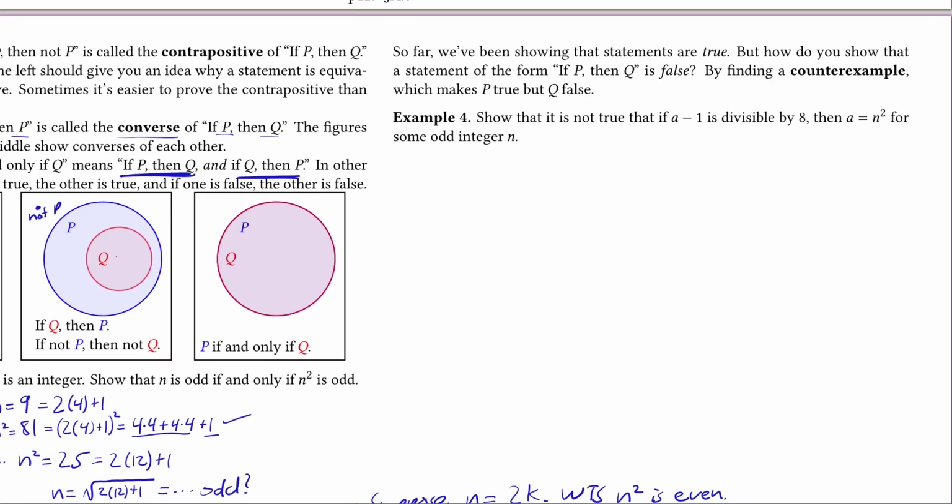Let's briefly talk about how to show that something is false. So far, we've been showing that statements are true, but how do you show that a statement of the form if P then Q is false? You find a counterexample, which makes P true but Q false.